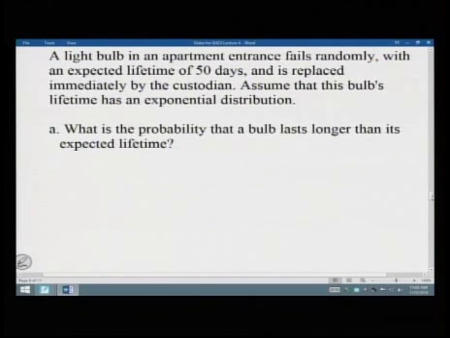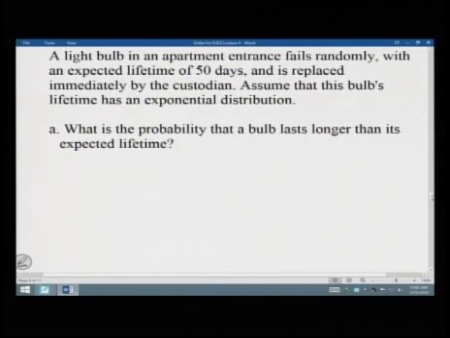But anyway, let's consider an example about the light bulb. In this example, a light bulb in an apartment entrance fails randomly with an expected lifetime of 50 days. This makes sense to me. It is replaced immediately by the custodian.